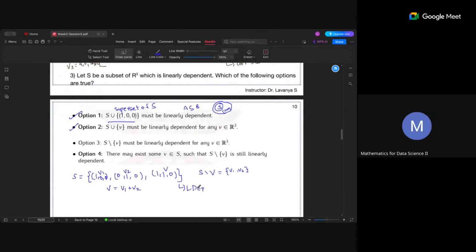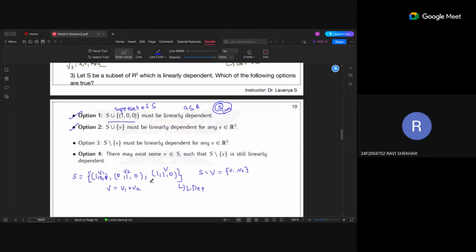Now I am removing this vector, so I am left with only V1 and V2. What can you say about V1 and V2? If there are only two vectors, it is very easy to check linear dependence. What is the method? Check whether they are scalar multiples or not. Can we write one of them as a scalar multiple of the other?